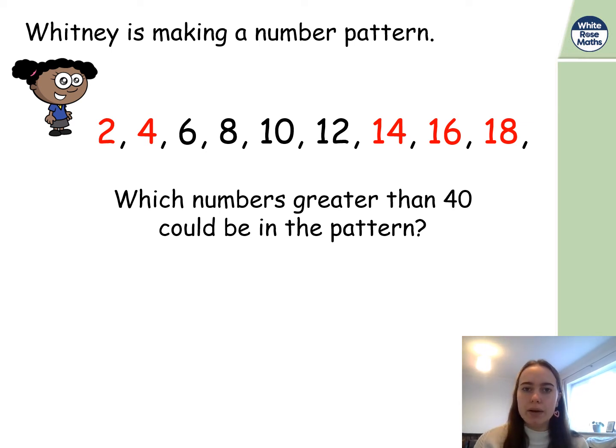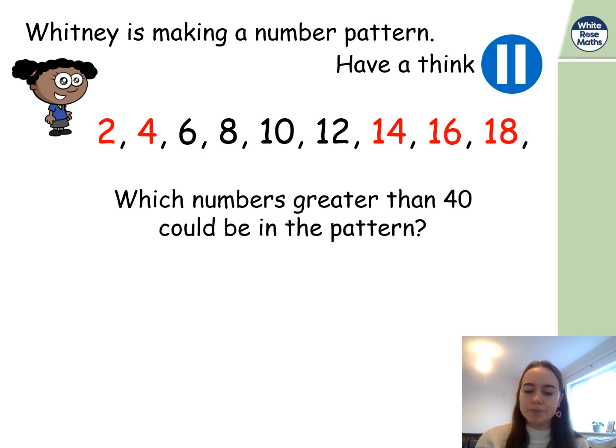So how about in 40? Remember what I said earlier? If you look at the ones in a number, that can tell you whether the number is even or odd. So think of the number 40. Is that even or odd? Think of the number 41. Is that even or odd? On the screen we've got our even numbers.